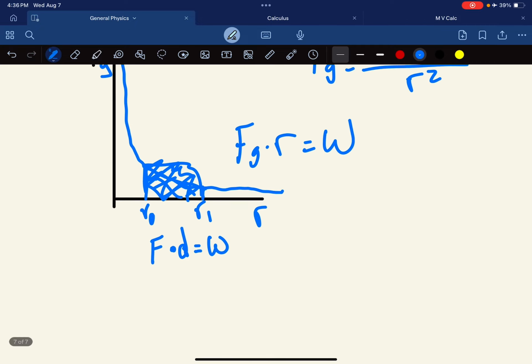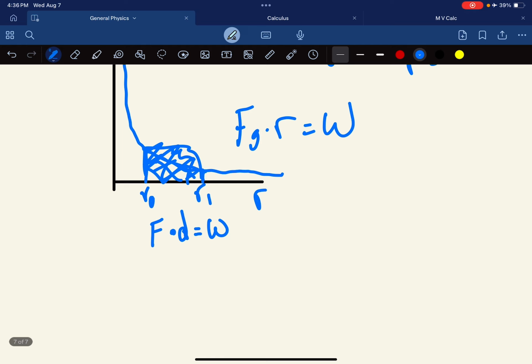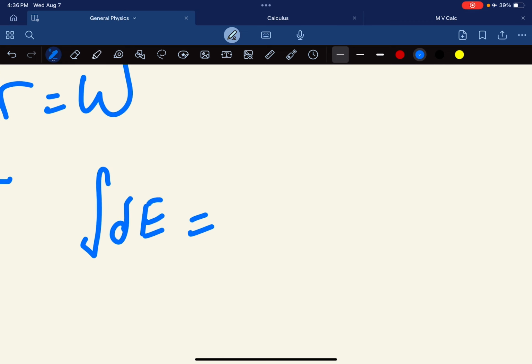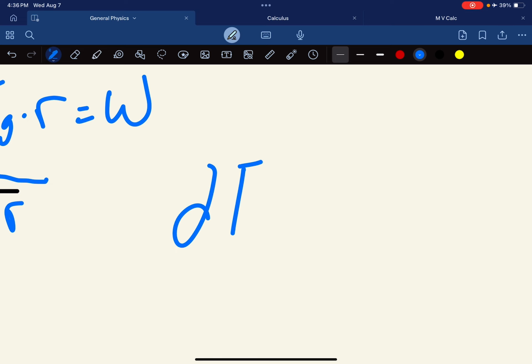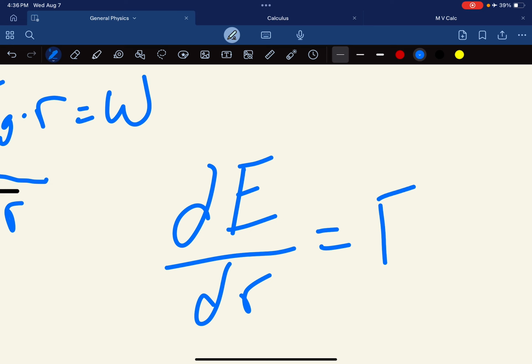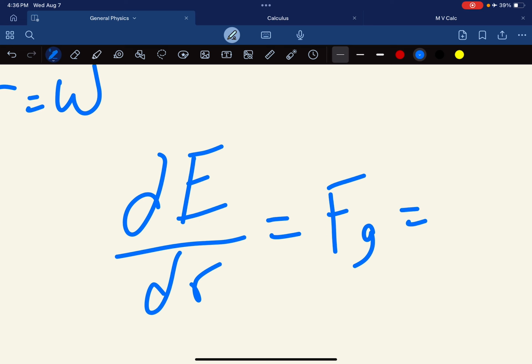So we are going to be integrating the equation for work. So let's write out the derivative of energy with respect to r: dE over dr equals force of gravity, which is equal to this equation right here.